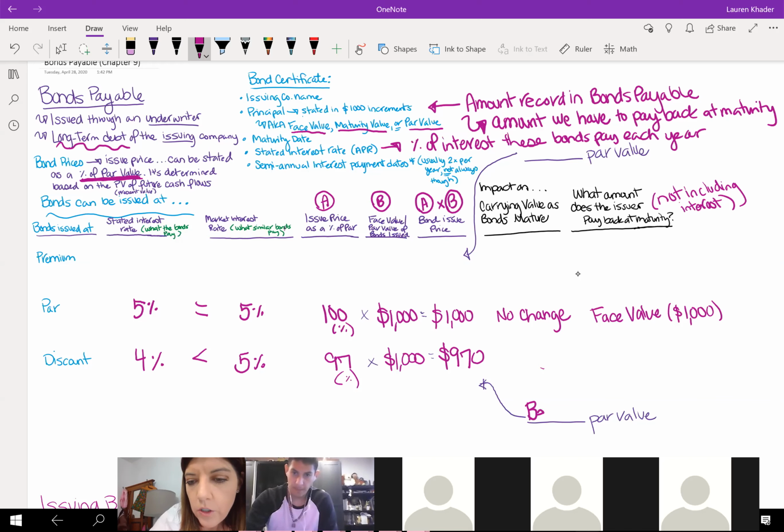So when those bonds are issued at a discount, our issue price will always be less than or below par value. We discounted the bonds $30, the difference between face value and the issue price.